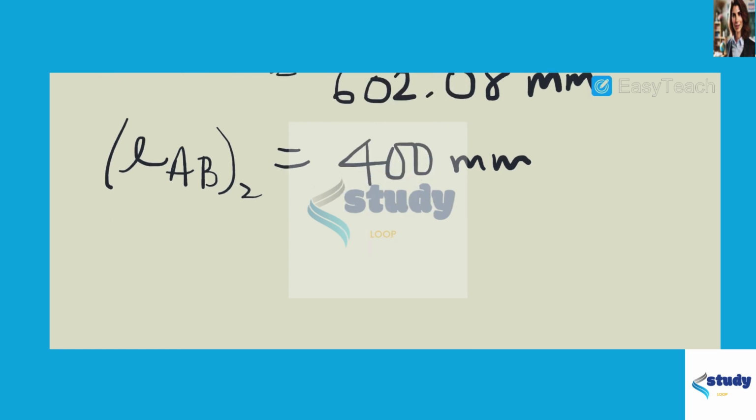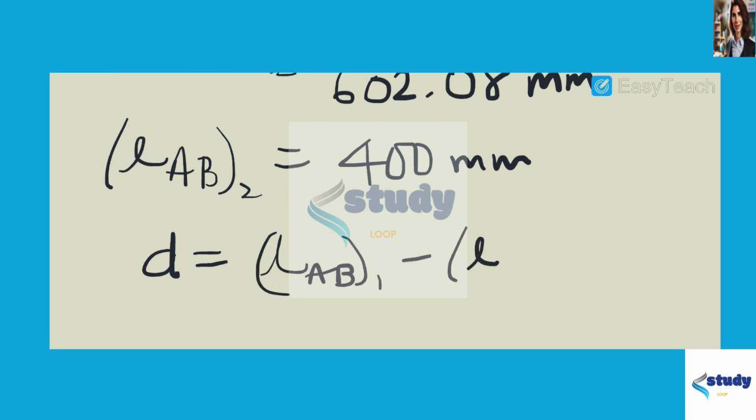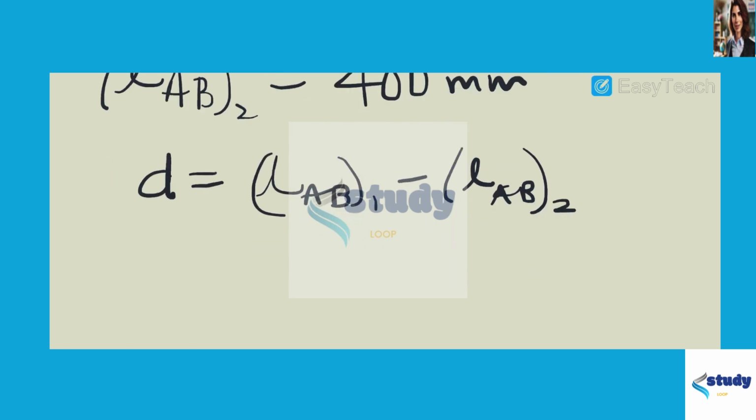So what we're going to do is solve for the displacement. The displacement is going to be the length at AB1 minus the length at AB2. And this gives us a displacement of 202.08 millimeters. I'm just going to write this in meters because that's what we're doing our calculations in. So that's going to be 0.20208 meters.